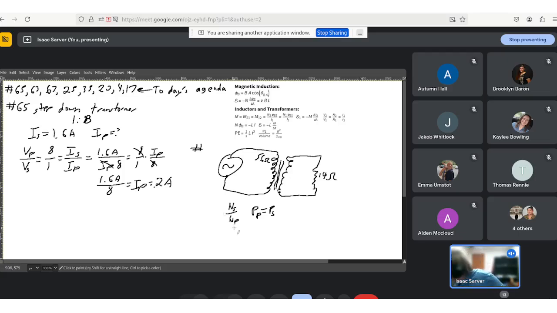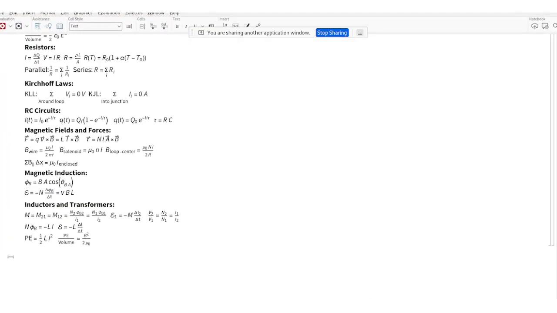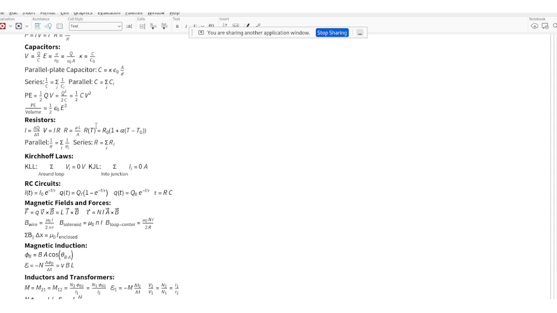But we also need to grab from our equation sheet the power for a resistor.